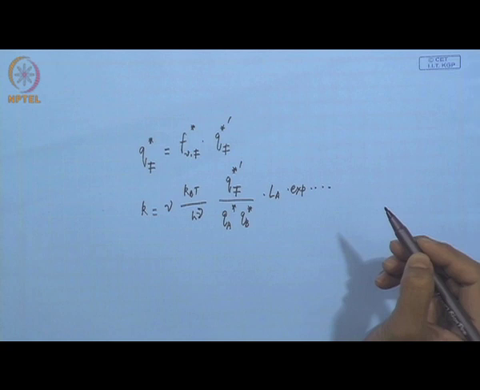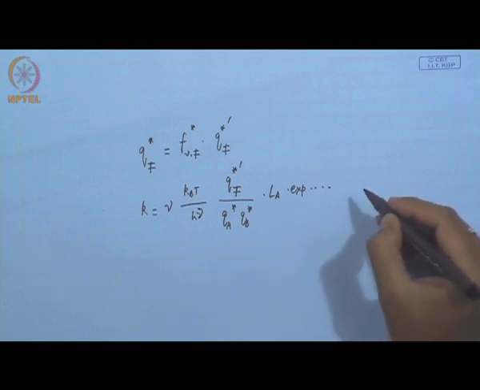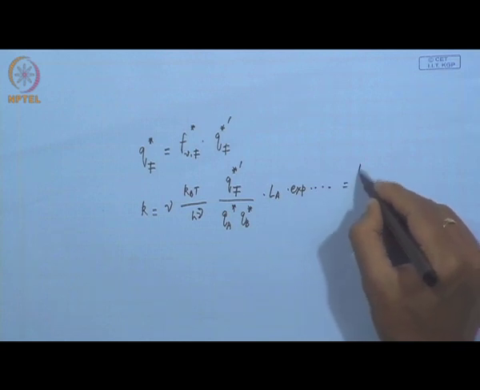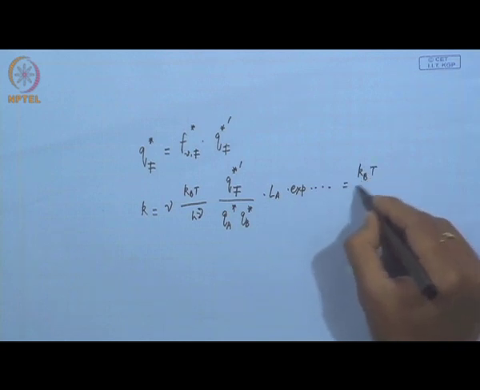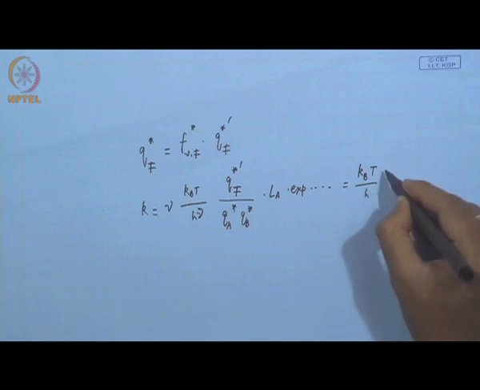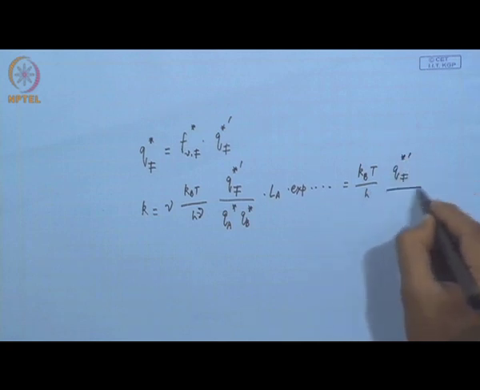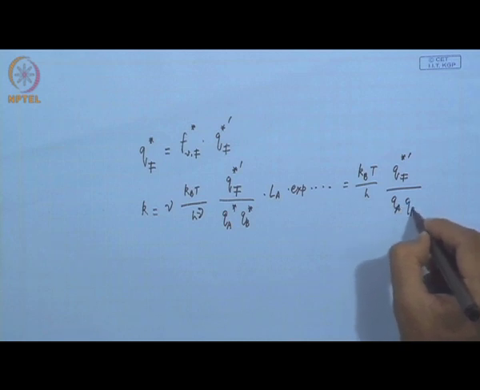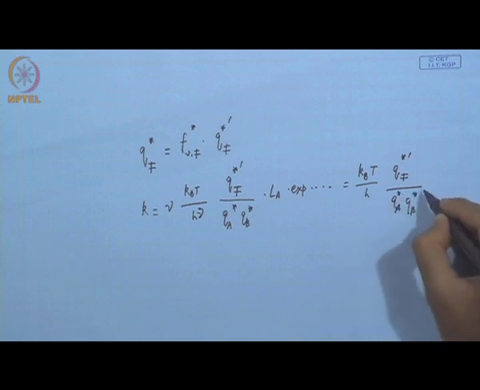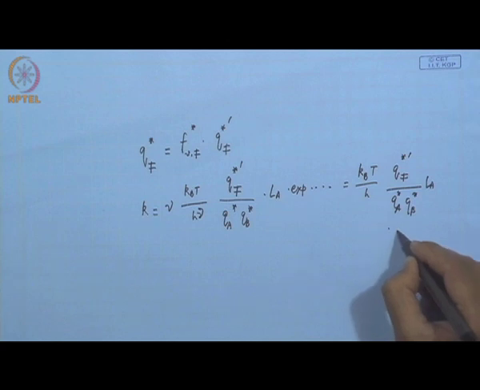So, this gives you kb T by h into q double dagger primed divided by qa qb star, La times the exponential quantity.